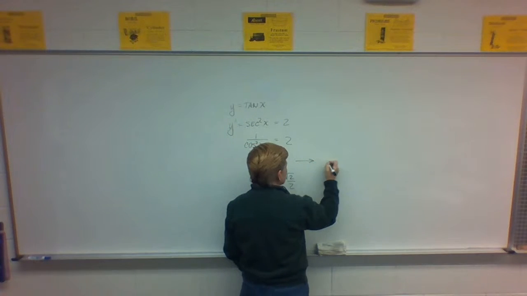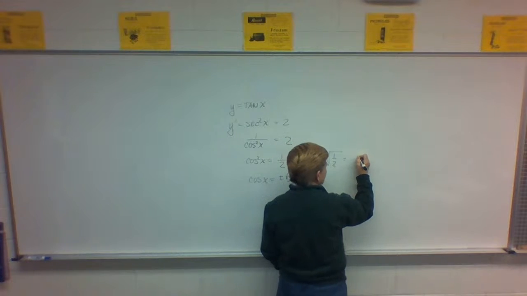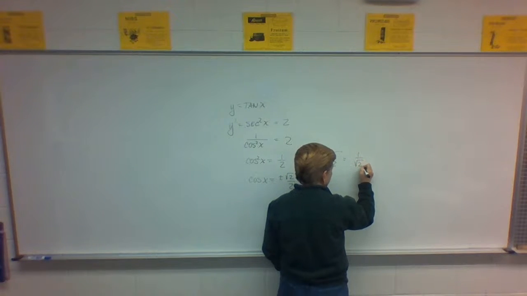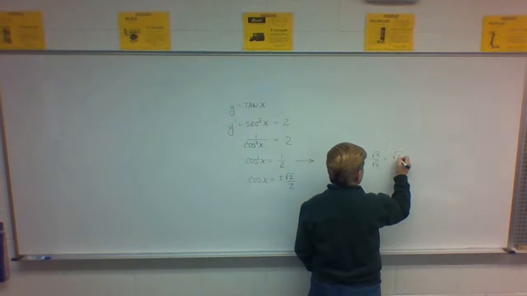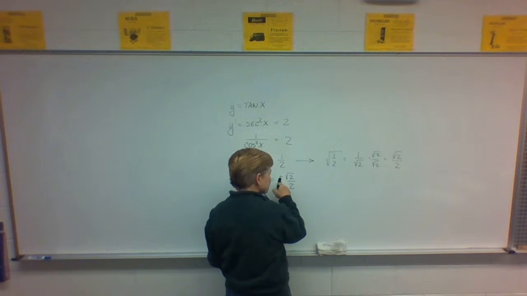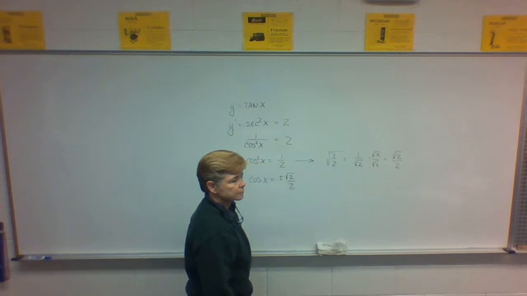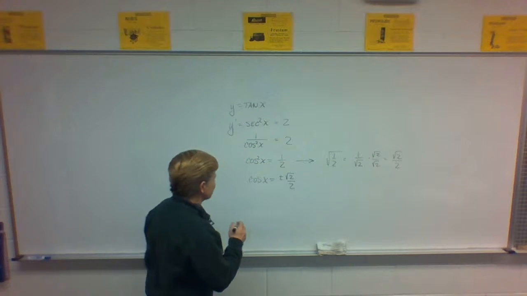Okay. The square root of 1/2 is the square root of 1 over the square root of 2, which when rationalized is root 2 over 2. And since we are square rooting in the process of solving, you need a plus or minus. Okay? And we are only allowed to look between negative pi halves and pi halves.